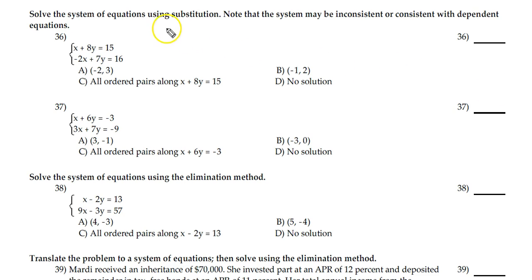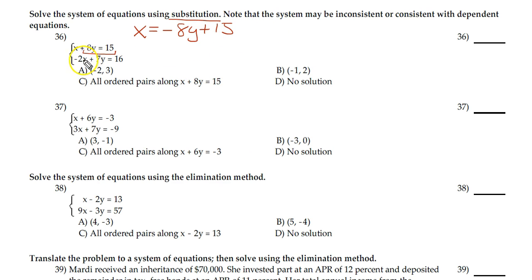Now, for this one, they want us to use substitution. Now, remember, you could always use elimination as well, but since they asked for substitution, we'll use it. The key is, if x is equal to something, we could solve this equation for x. X would equal, transpose that y, a -8y plus 15.